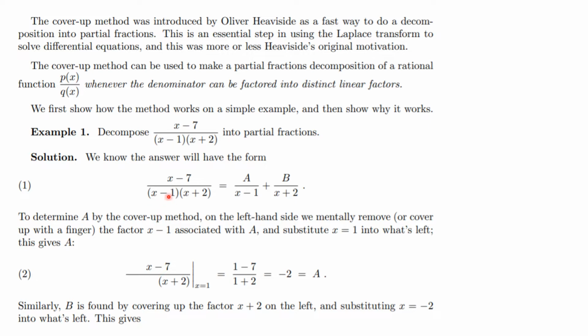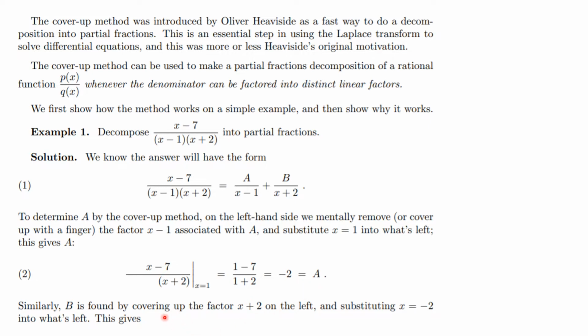So you see we cover up x minus 1, that leaves us with x minus 7 over x plus 2, and we're evaluating this when x is equal to 1. That's the value that makes the denominator of a equal to 0. So when we plug all of that in, we get 1 minus 7 over 1 plus 2, and that's going to be minus 6 over 3, which is negative 2, and that is a.